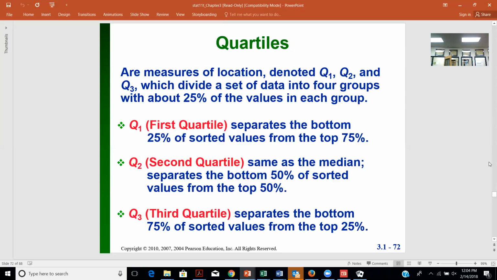We have a minimum and we have a maximum. We know from the minimum and maximum what the mid-range is. We simply add the minimum and maximum and divide by 2. So we know the mid-range.